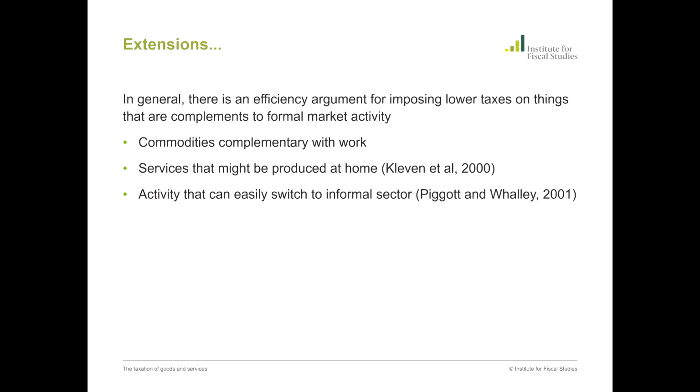Perhaps there's a case for having a lower VAT rate on gardening services, because otherwise people are going to want to produce those services themselves. And particularly important in the developing country context is perhaps there's a case for having a lower tax rate on activity that can easily switch to the informal sector.